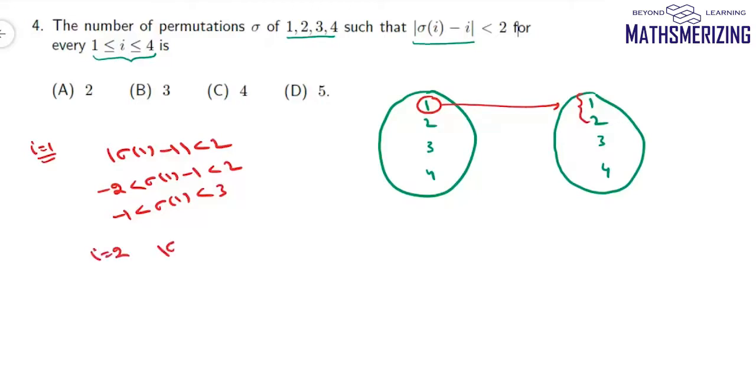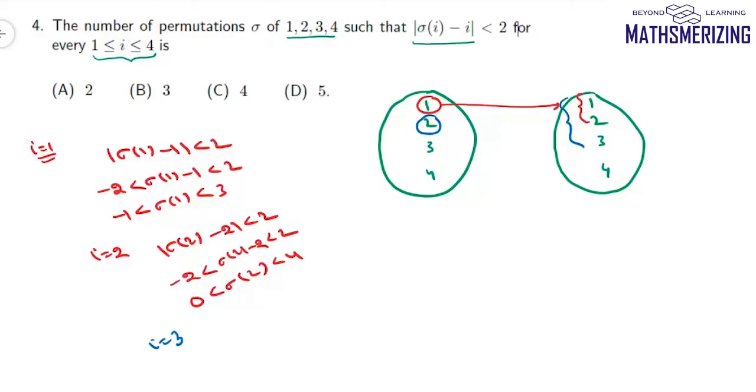For i equals 2, it will be sigma 2 minus 2 is less than 2. So it will simply be minus 2 is less than sigma 2 minus 2 is less than 2. So 0 is less than sigma 2 is less than 4. So for this 2, we have 3 possible permutations and they are 1, 2 and 3. Now if I put i as 3, I'll get sigma 3 minus 3 is less than 2.